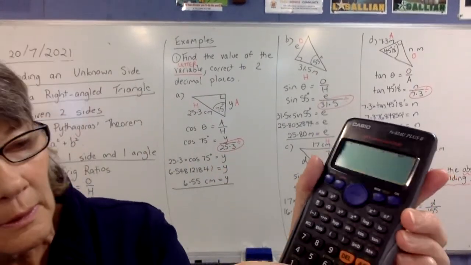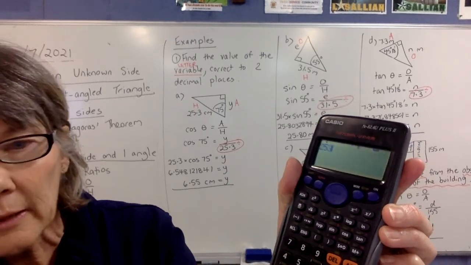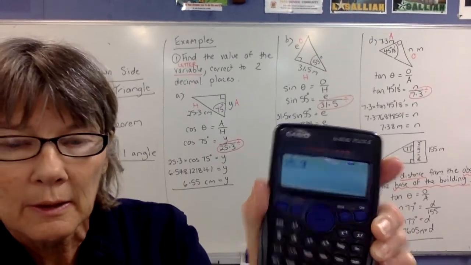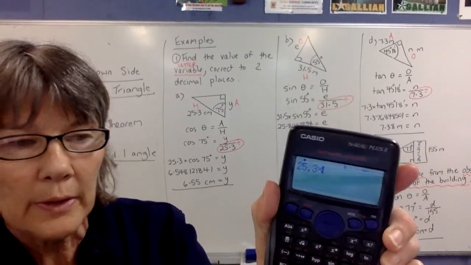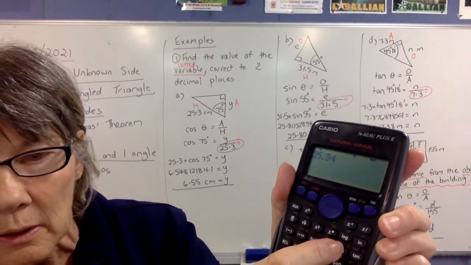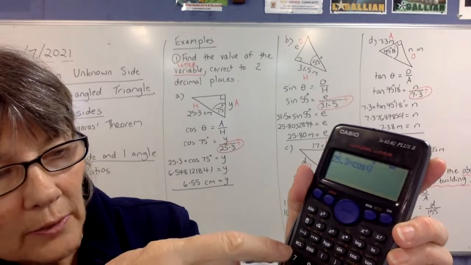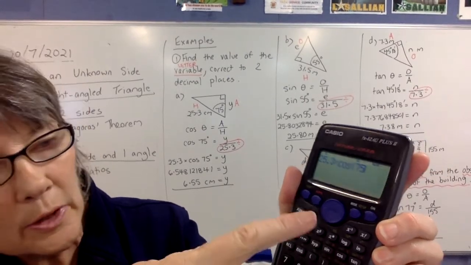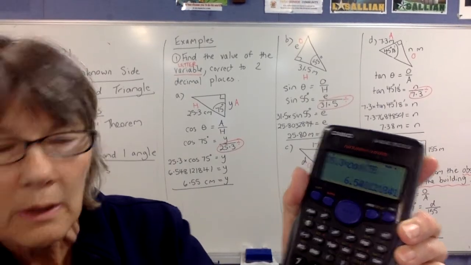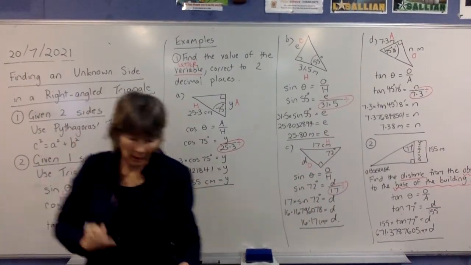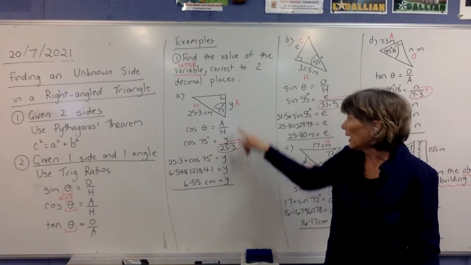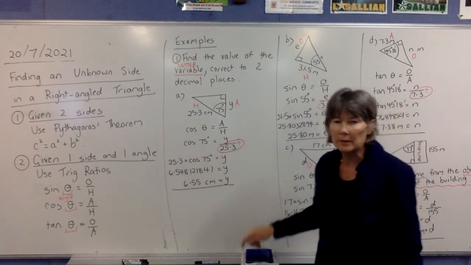So we press in 25.3, sorry, I'll do it again, 25.3 times, and then we want to press cos 75. So up here we're going to press cos, then the 75. Now I know it's got a bracket there, you don't need to close the bracket off to get this right, so just press equals, and that's the answer we've got. After that we're rounding it off to 2 decimal places, so it's 6.55, and we're in centimetres here, so centimetres.